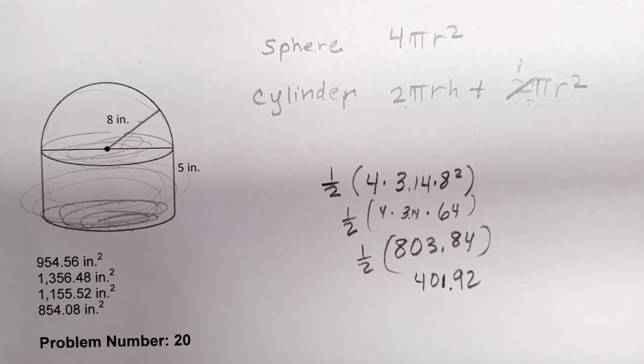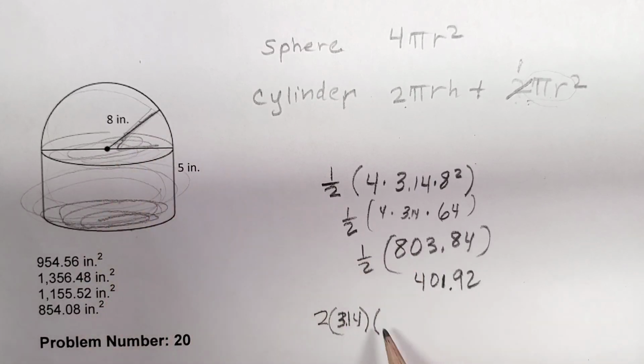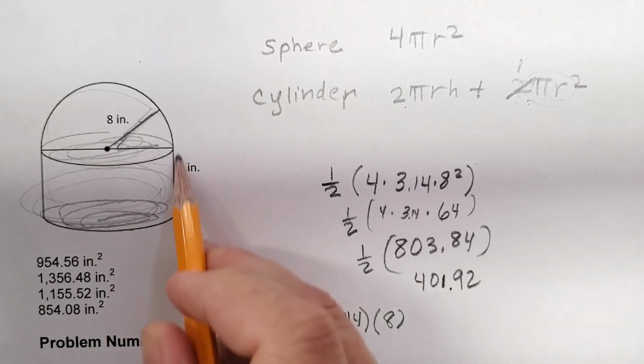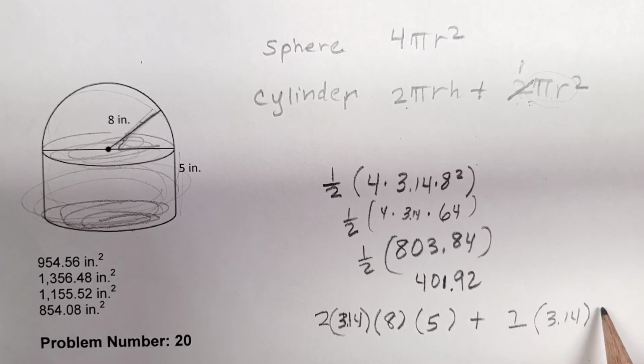All right, let's do it real quick. So we're going to have 2 times pi, which is 3.14, times the radius, which is still the same as this, it's 8, times the height of the cylinder, which is 5, plus, instead of a 2, we're going to put a 1, times pi times radius squared, which, oh, the radius is 8, not r anymore, okay.